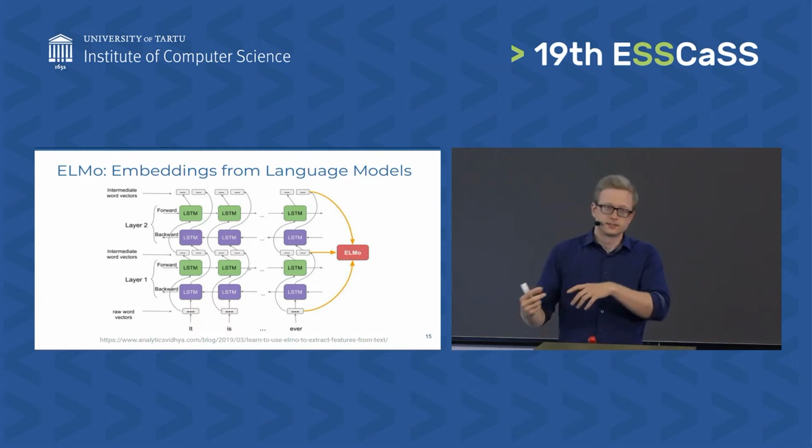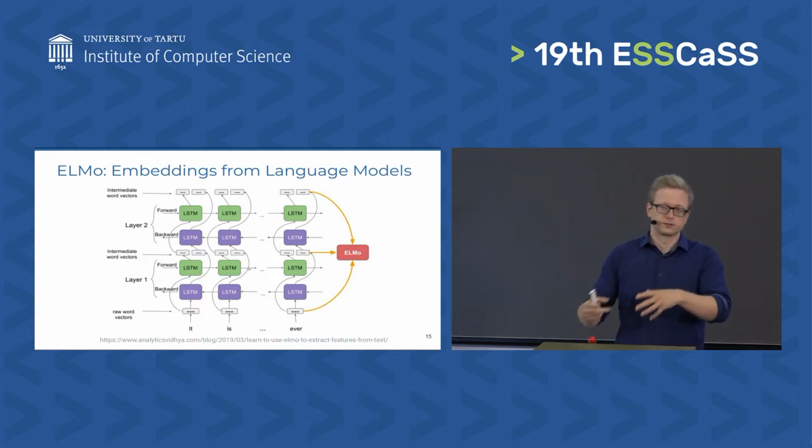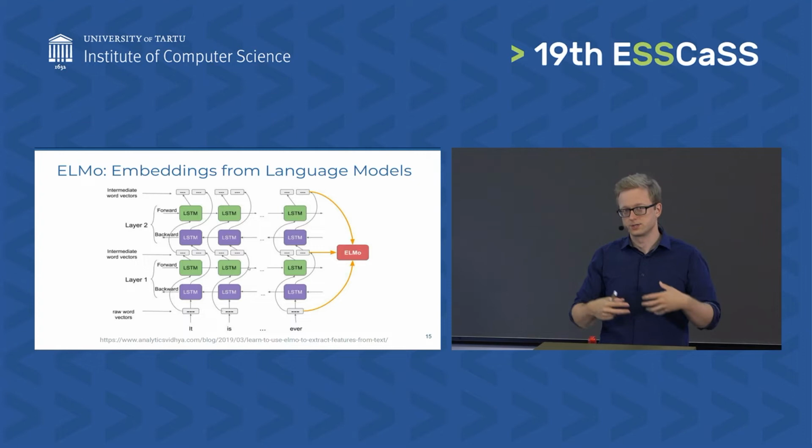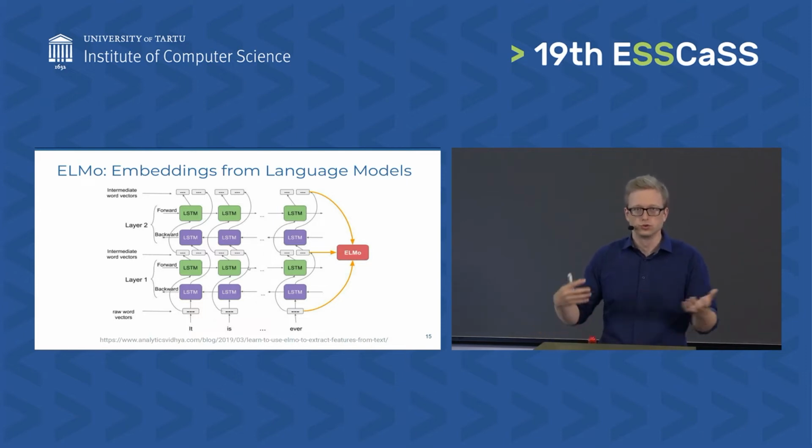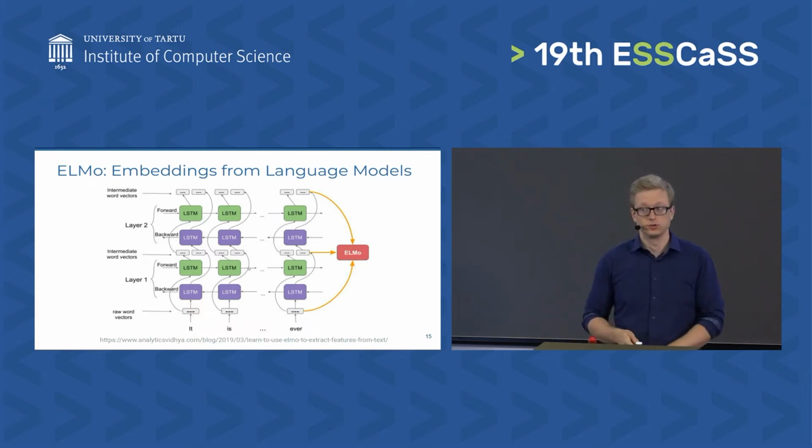The idea is that some tasks benefit more from lower level representations, other tasks benefit more from higher level representations. By combining them together, we can give the model all the information we have, and then it can choose which type of information to use.